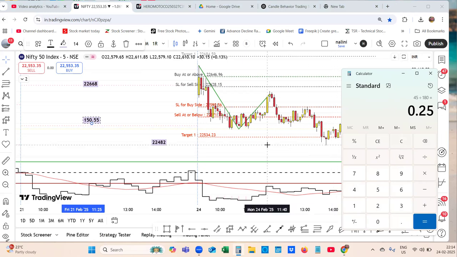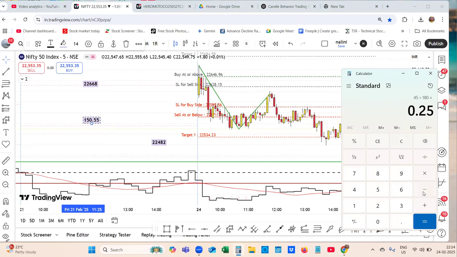What you need to do is, with the base price 150.55, either add to it or subtract from the base price.